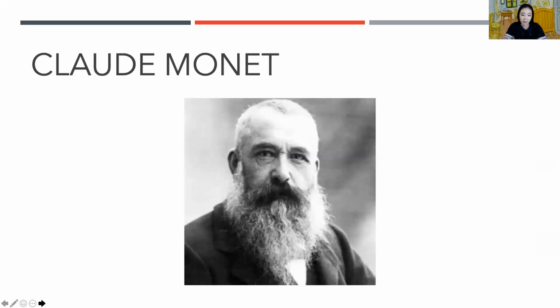All right. And the next artist is Claude Monet. Claude Monet stands like no other painter for the Impressionist style and as the French master of light. And he was also a central pioneer of 20th century painting.